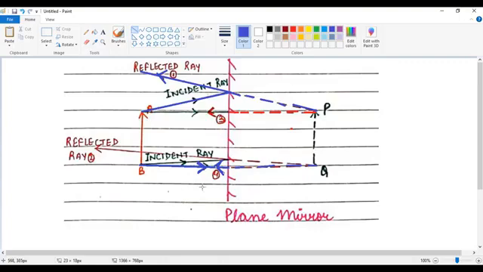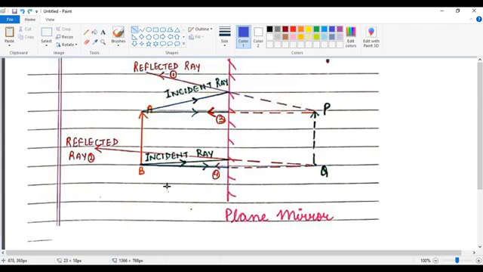After doing this case of normal incidence, now let us take a ray which is making an angle with the horizontal ray at point B.